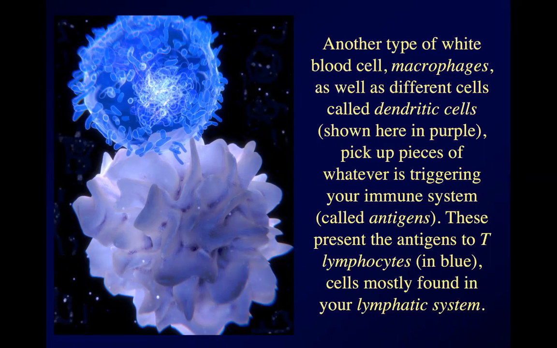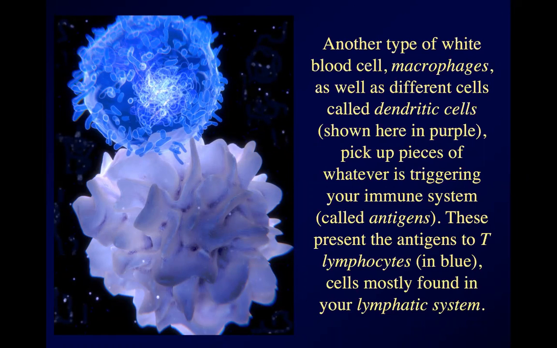They can pick up fragments or even just large molecules from whatever has got your immune system stimulated. And incidentally, anything that's triggering your immune system is called an antigen. And the macrophages and dendritic cells can physically pick up pieces of your pathogen, pick up antigens, and present them to yet another cell population called T lymphocytes. There's your T lymphocyte shown up there in blue.